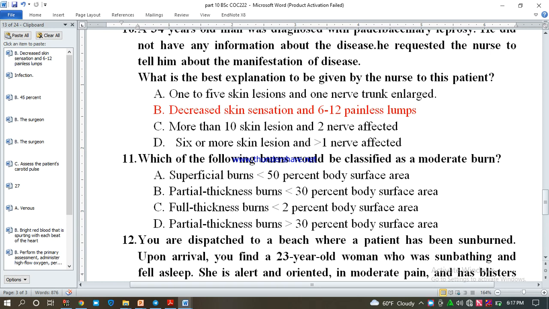Critical, major or severe burn: third degree greater than 10% of body surface area, second degree greater than 30% of body surface area for adults, and for pediatrics greater than 20% body surface area.